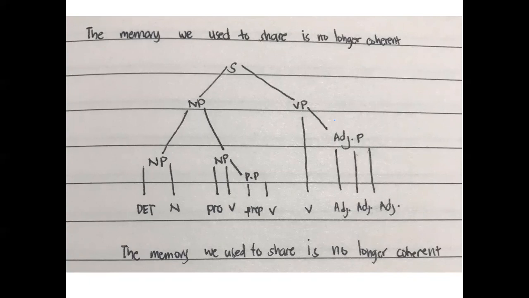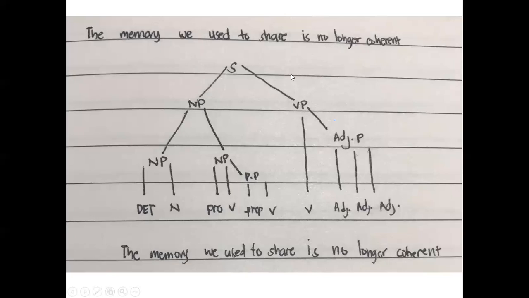That means the memory is another phrase, we used to share, which has been added earlier in my discussion, is another phrase, is a verb, and no longer coherent is another phrase. So basically the NP in here is composed of an NP, the memory, and another noun phrase. So that would be one.